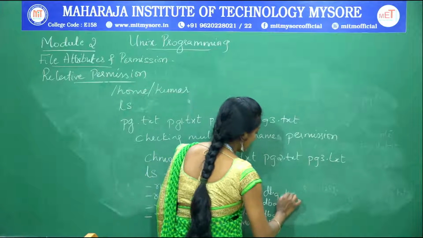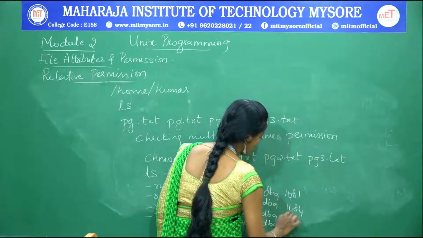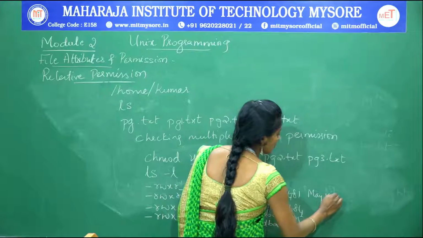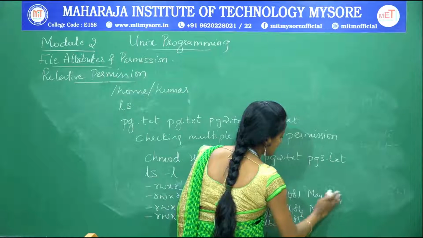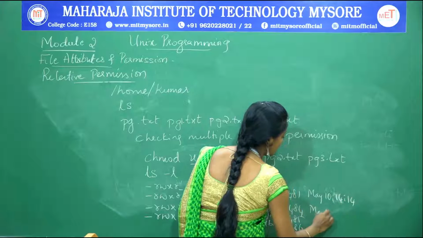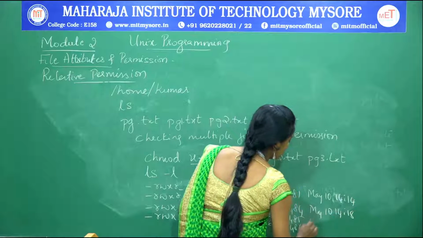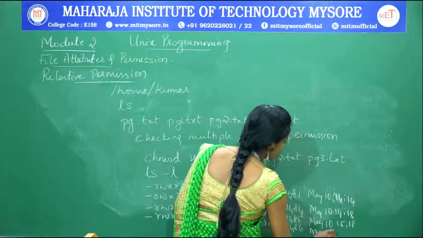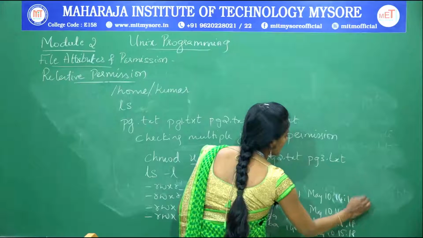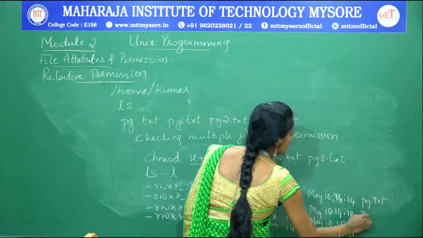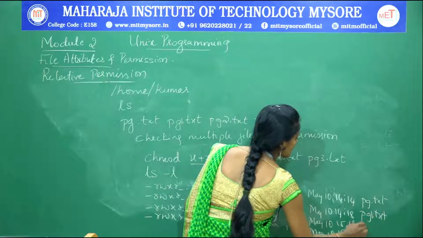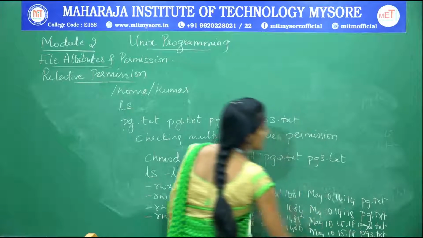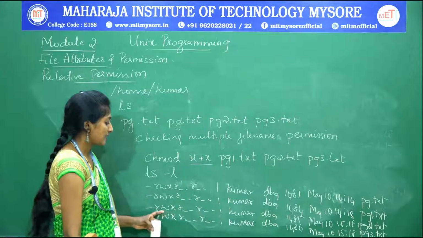So this is the output you will get when you execute it. This is pg.txt, pg1.txt, pg2.txt, pg3.txt. So these are the permissions assigned.